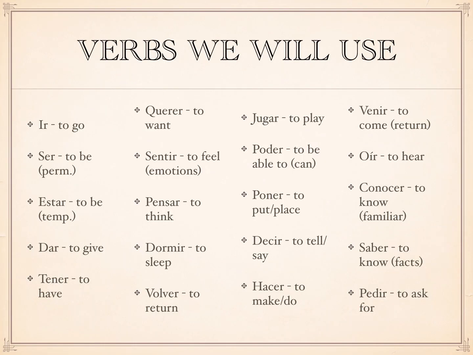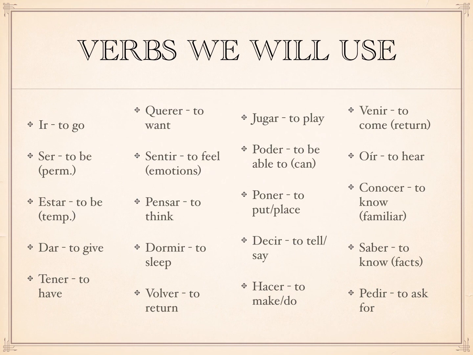This is an example of some of the irregular verbs that we're going to be using. For example, ir, ser, estar, dar, tener, querer, sentir, pensar, dormir, volver, jugar, poder, poner, decir, hacer, venir, oír, conocer, saber, and pedir.